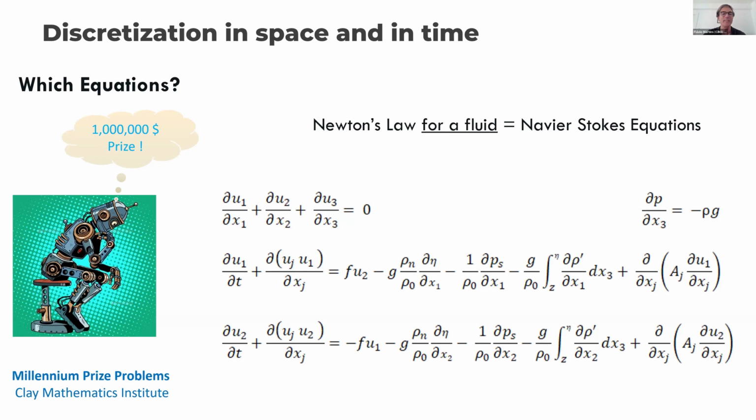One of the problems is, well, it's not really to solve the equations, not even to solve the equations. They just want someone to be able to prove that a solution of these equations exists and is continuous, is smooth, okay? If you prove that, you will get 1 million euros, $1 million.